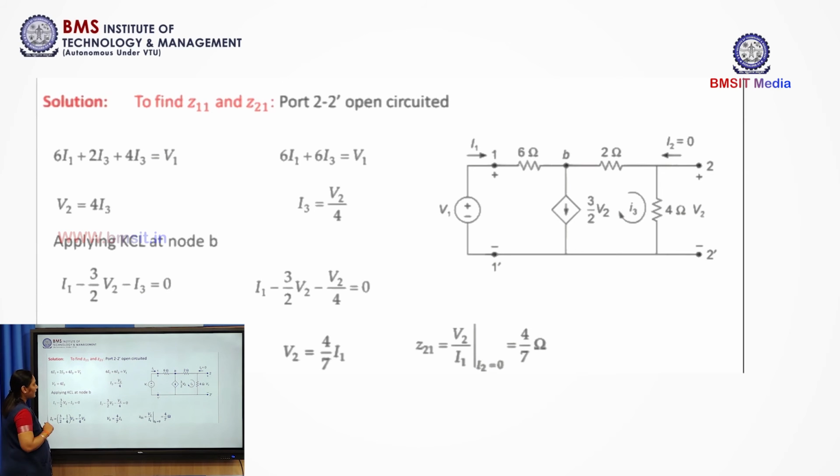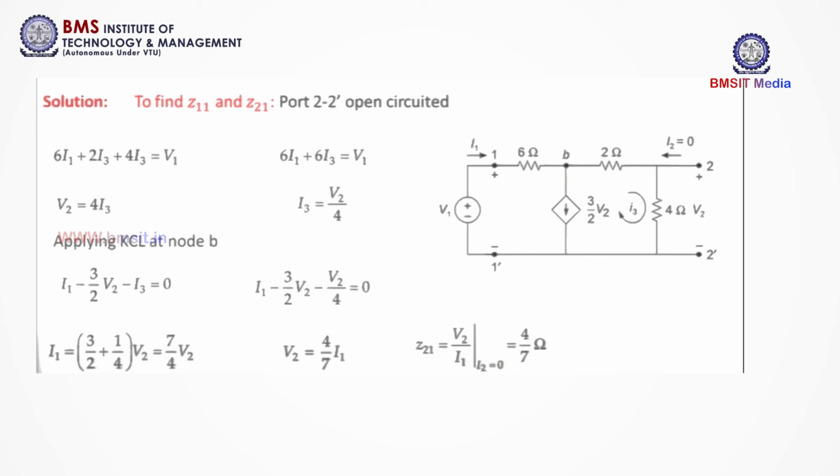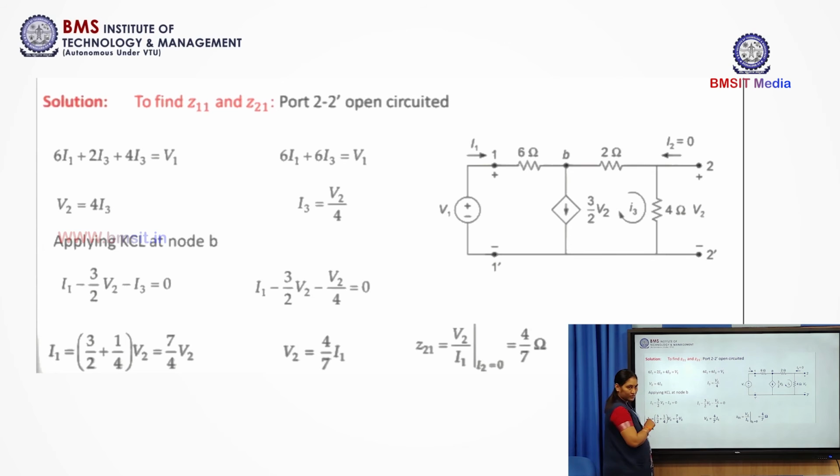Now applying KCL at node B, we have I1, the input to the node, so I1 minus 3 by 2 V2 minus I3 equals 0. From this we evaluate I1. I1 will be equal to 3 by 2 plus 1 by 4, into V2, which is equal to 7 by 4 into V2.